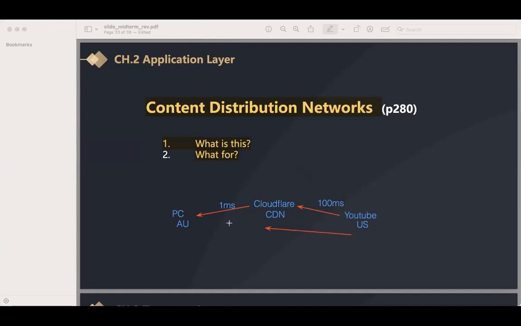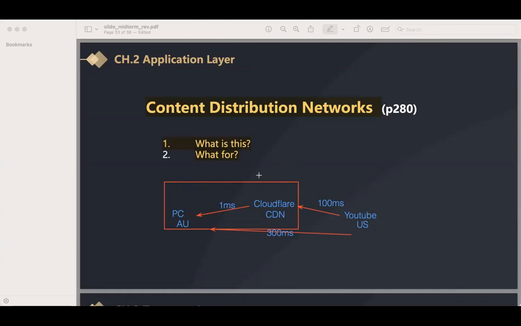And if you go from YouTube to your computer, it could be, let's say, 300 ms. So when you use YouTube, we will only feel, oh, this is so fast, because the video content is already in the CDN server. You will feel only 1 millisecond to reach the video content.